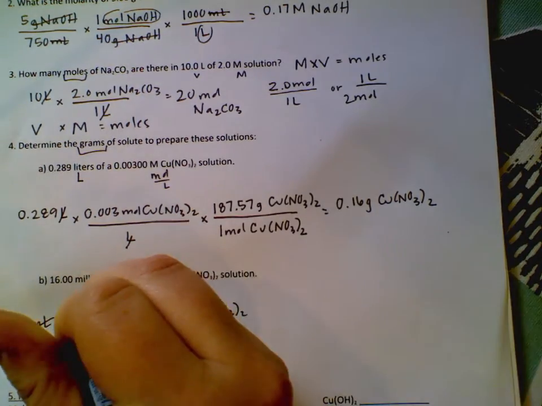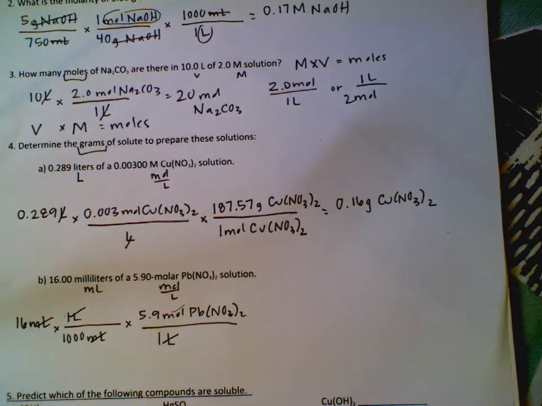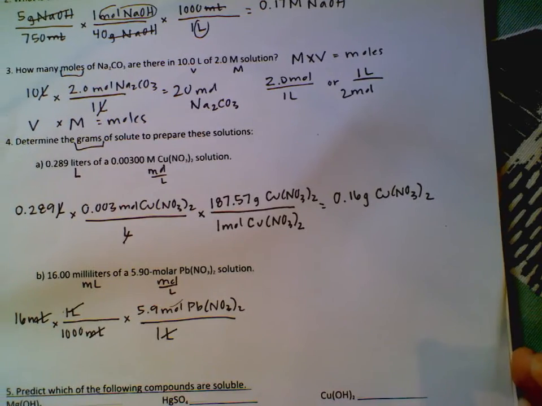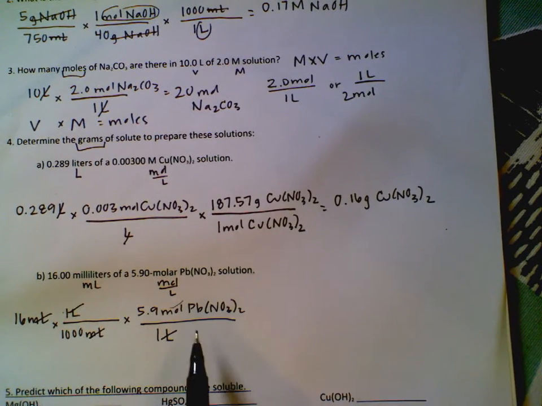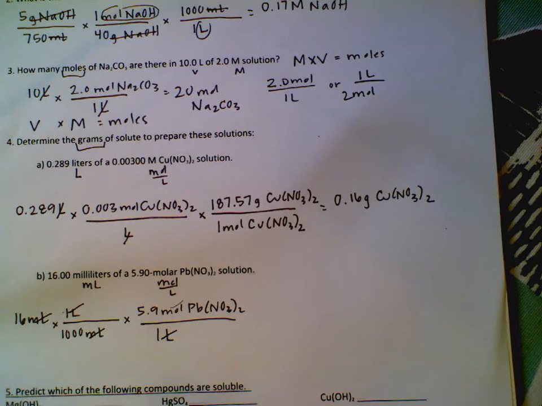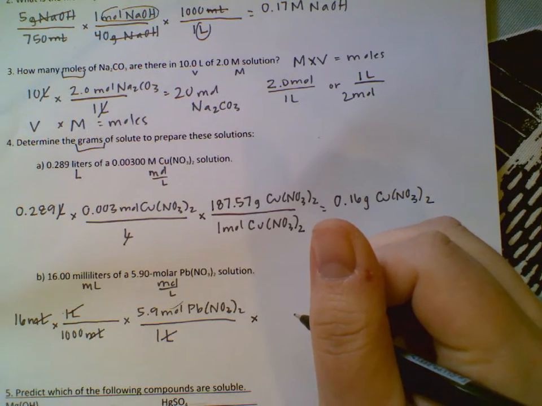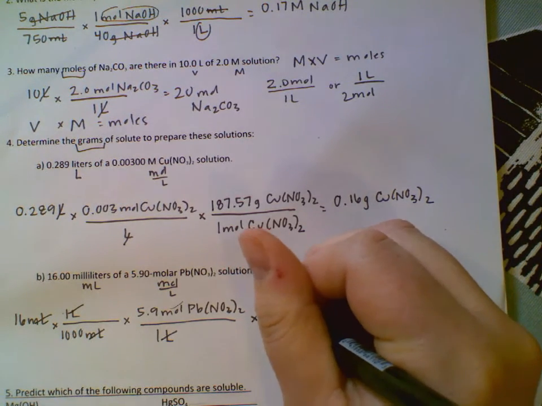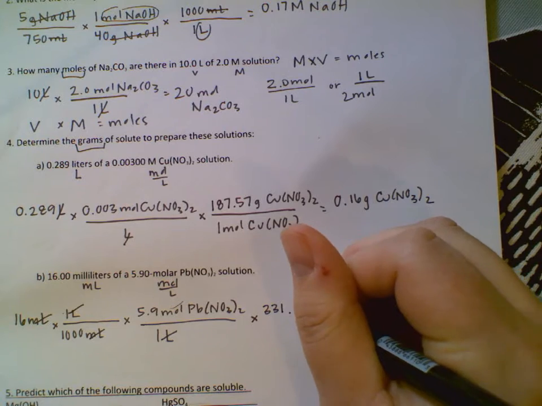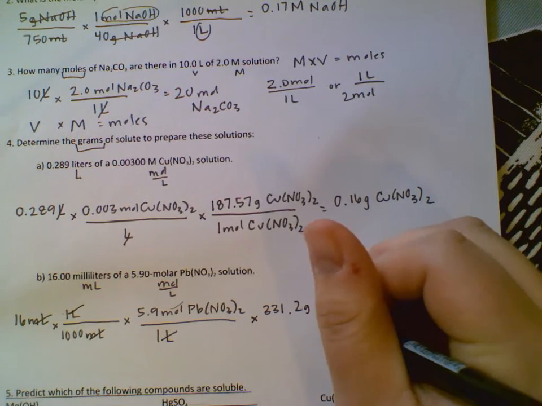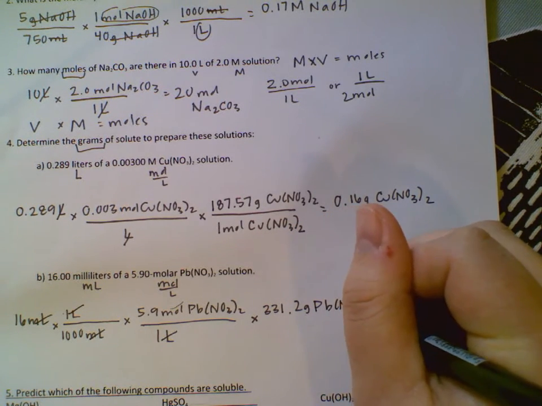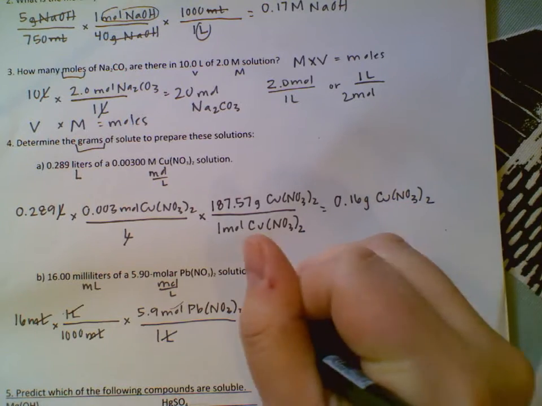Liters can cancel out now. And then to solve for mass, all I need to do is figure out the molar mass of lead nitrate. And lead nitrate is beefy. Lead is super heavy. The molar mass of the lead nitrate is going to be 331.2 grams for the lead nitrate for every 1 mole.